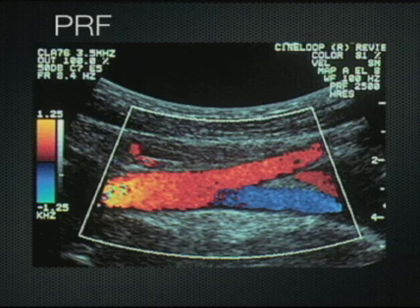In order to change the assignment of these colors to higher velocities, we can simply change the pulse repetition frequency. For example, by increasing the pulse repetition frequency, we can extend the range of reds that apply to frequency shifts of greater than 1.25 kilohertz, or to less than minus 1.25 kilohertz.